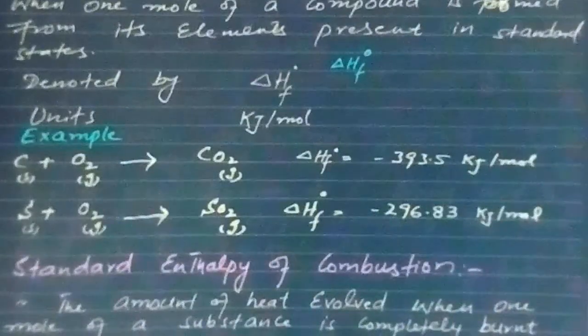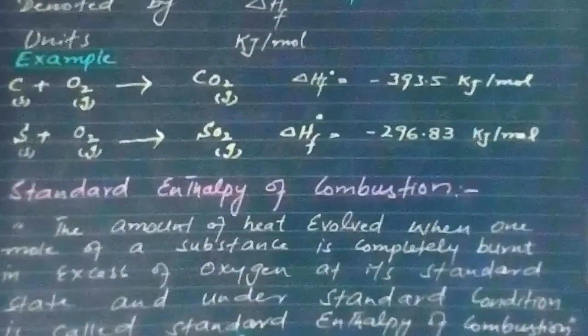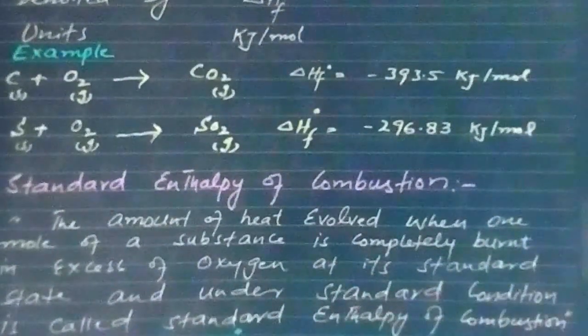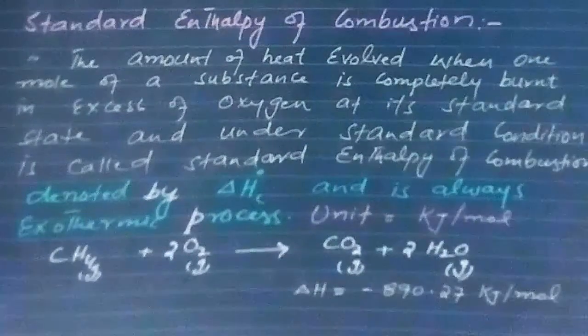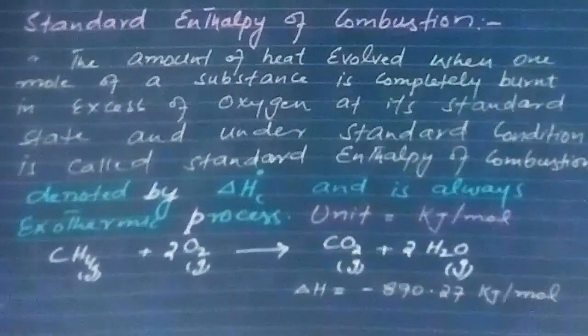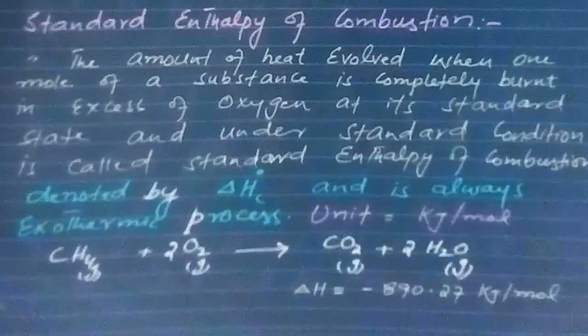Now what is standard enthalpy of combustion? It is also like the standard enthalpy of formation, but the only difference is that here the substance is burnt, because combustion is involved in the presence of oxygen. When a substance is burnt, it is called combustion.